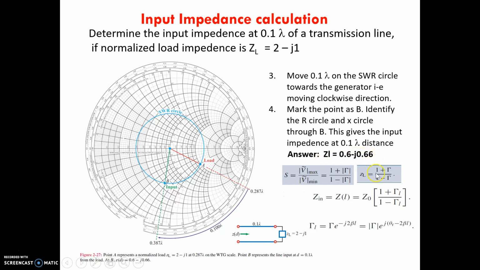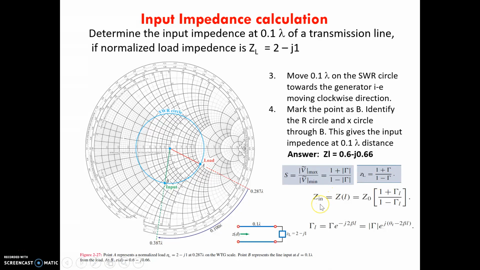These are the formulas by which we can determine the standing wave ratio and the load impedance value analytically. S equal to 1 plus the magnitude of tau divided by 1 minus the magnitude of tau, and ZL is equivalent to 1 plus tau divided by 1 minus tau.